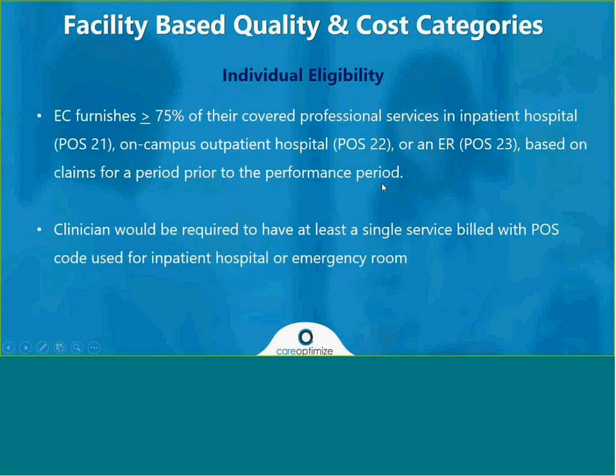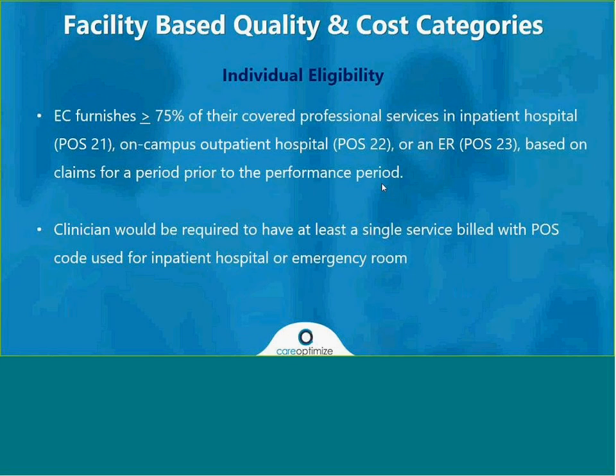All right, so not looking at the group, let's look at the individual. If over 75% of your services are inpatient, so you've got a place of service as a 21, 22, or 23, and it's based on the claims for a period prior to that performance period, then you are eligible.